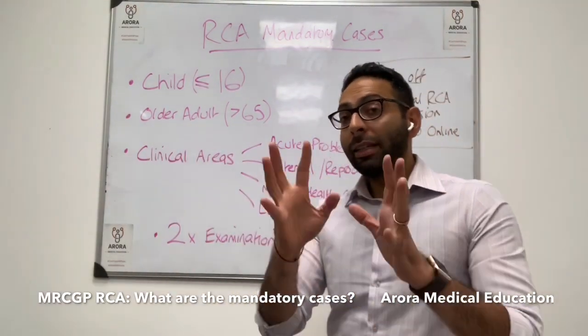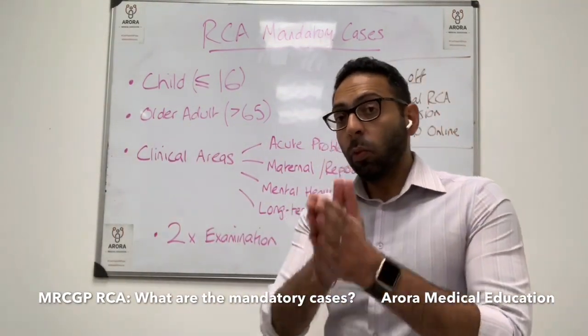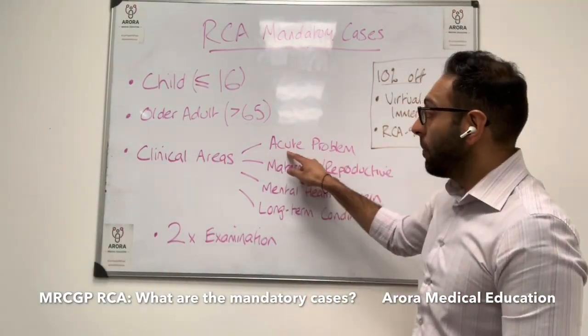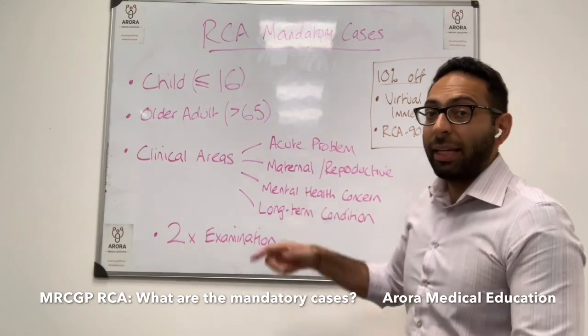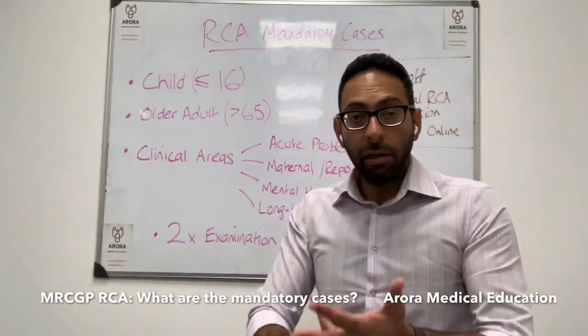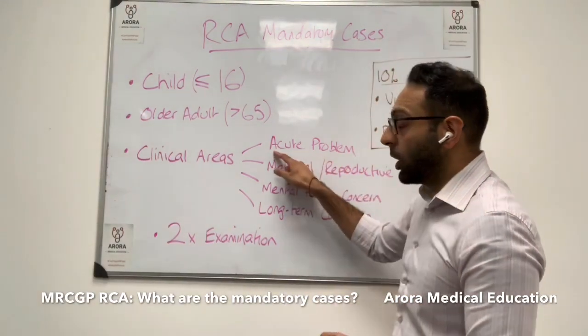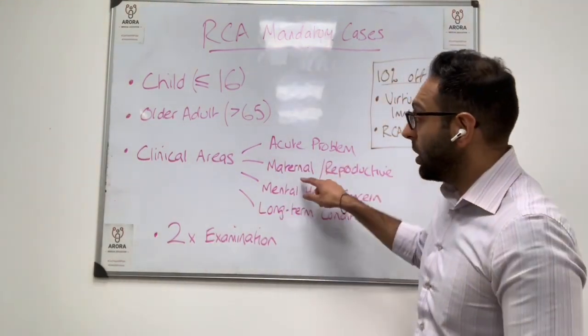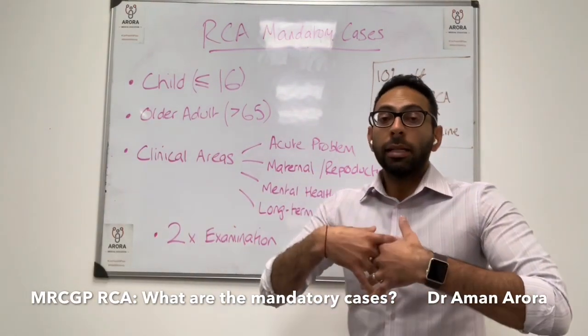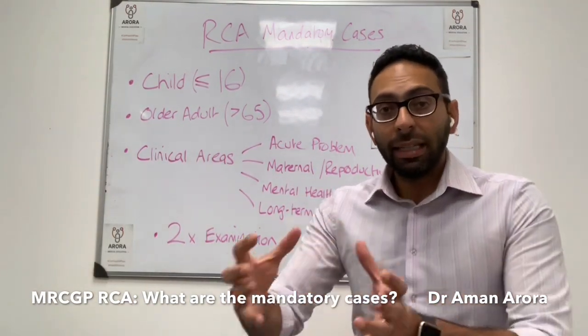Then you have 4 clinical areas that you need to have at least one case representing. Number one, at least one of an acute problem, so something that needs some kind of urgent management. It could be admission, it could be something urgent that needs to be arranged on that day, but it's got to be an acute problem that you're seeing. Number two, at least one involving maternal or reproductive health. So think about seeing someone antenatally or problems within pregnancy, for example.